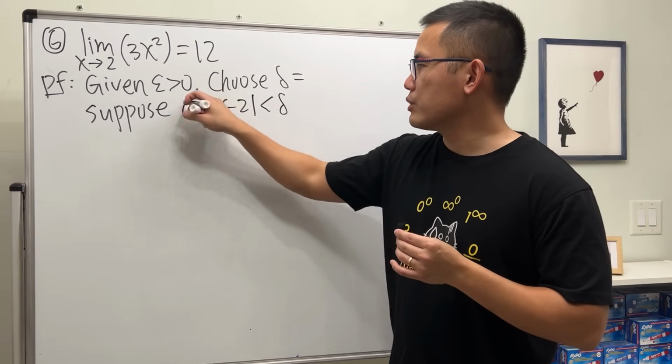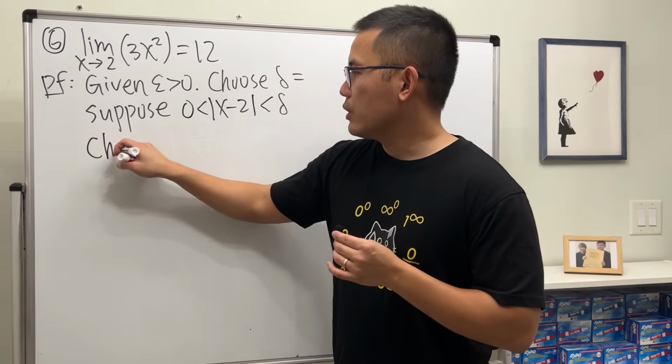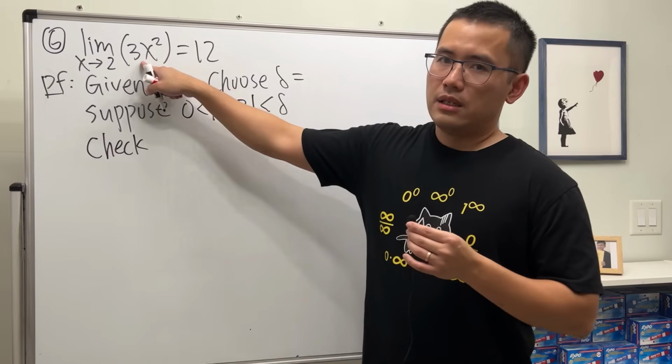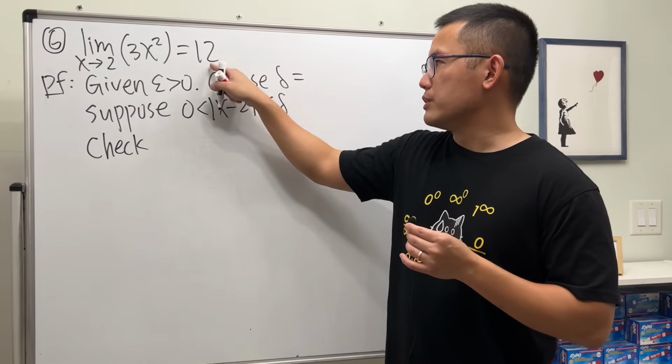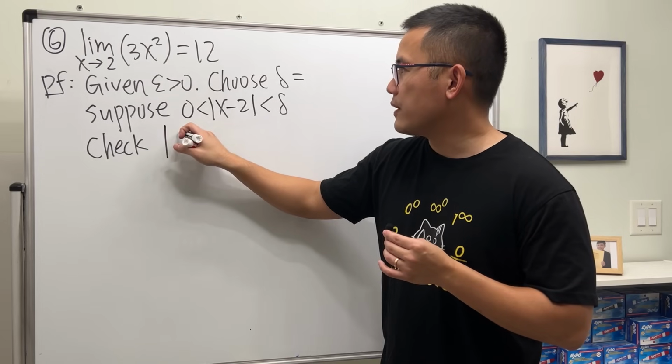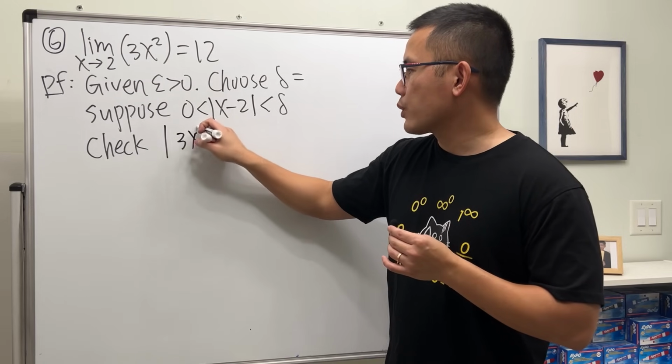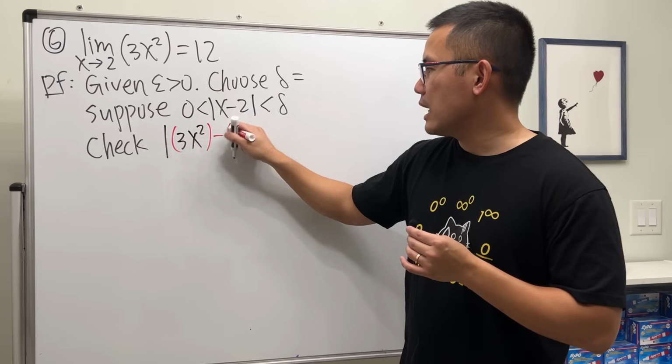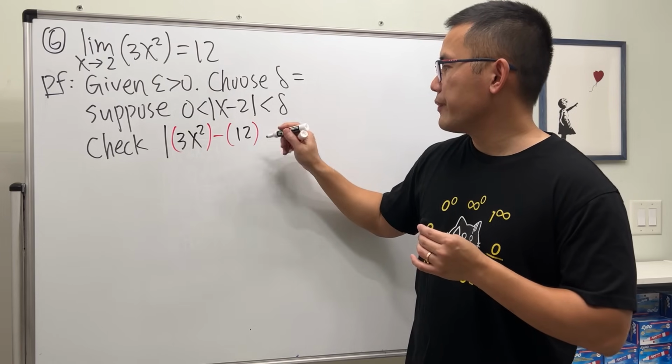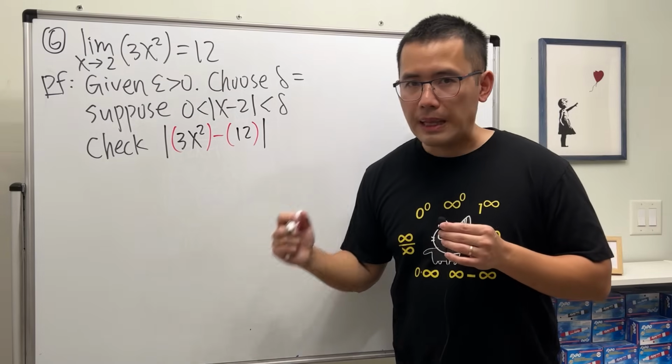Make sure you also check the function is close to the limit, in the sense that the absolute value of our function 3x squared minus our limit is, hopefully, less than epsilon.